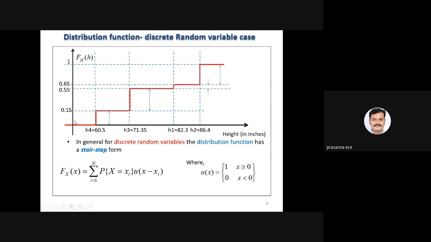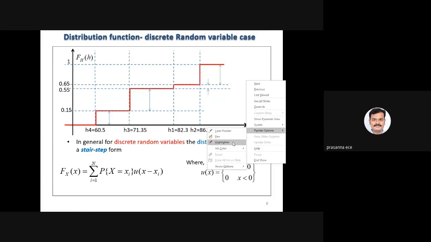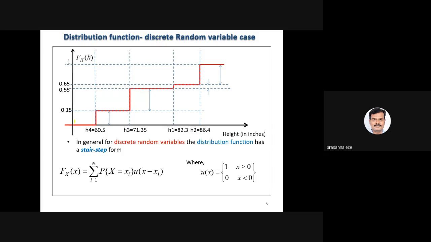Now I have introduced one more axis here. I'll just use my highlighter. This was our previous number line, and now I have introduced one more axis, the y-axis. The y-axis represents F_H(h).